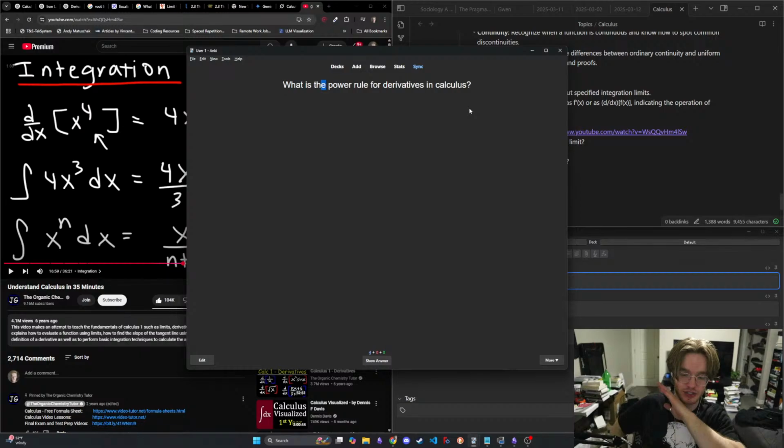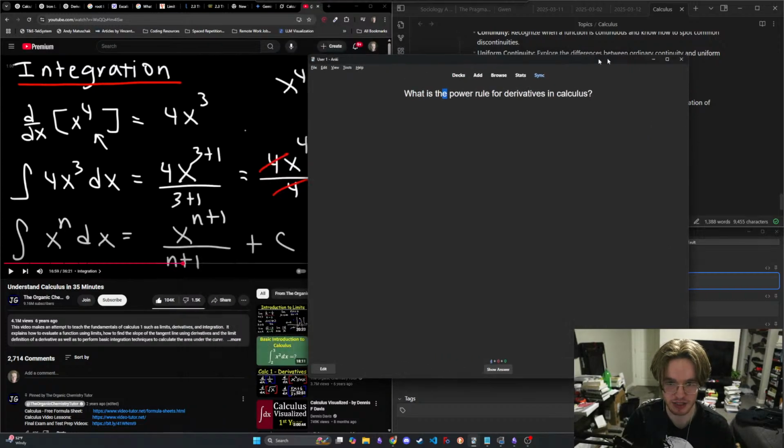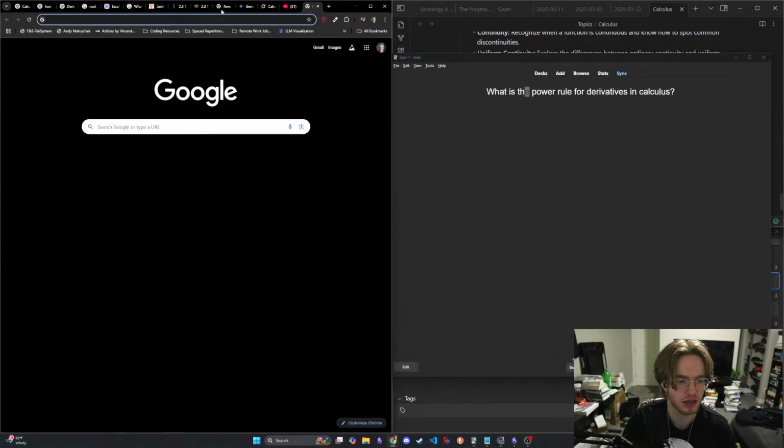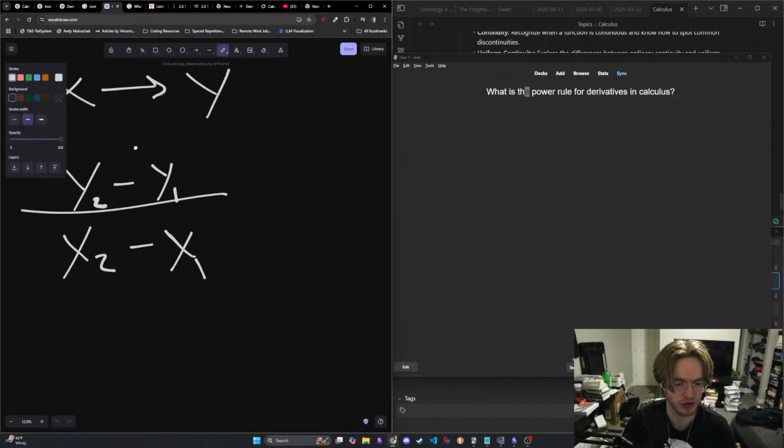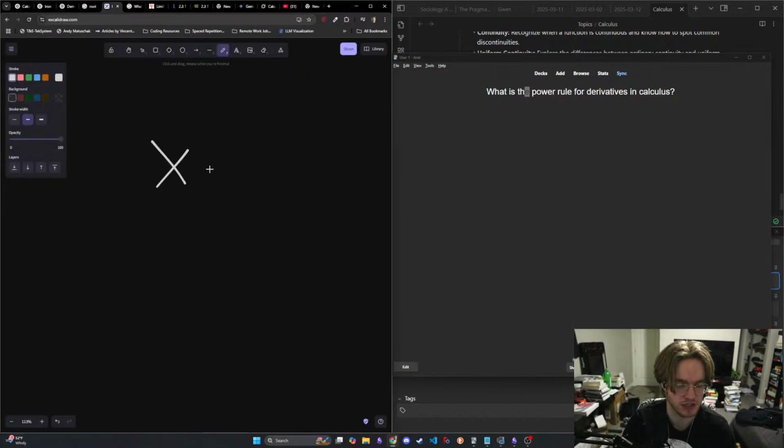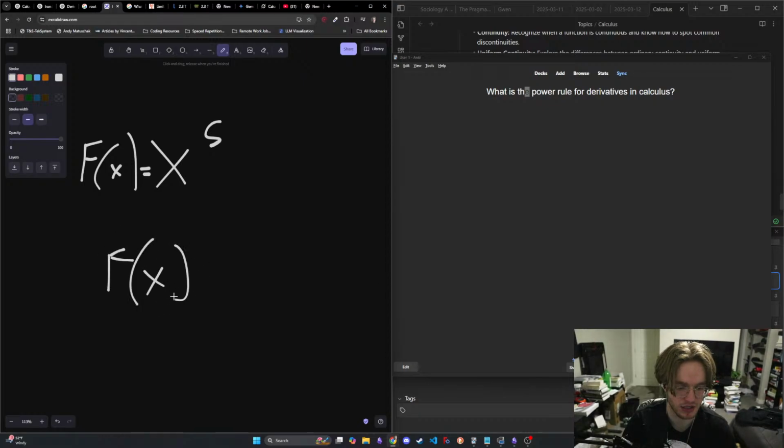we would do x to the 4, and so it'd be 5x to the 4. I'm going to write this up. This is not clear to explain. Okay, so if f of x equals x to the 5, then the derivative would be f prime of x equals 5 times x to the 4th.